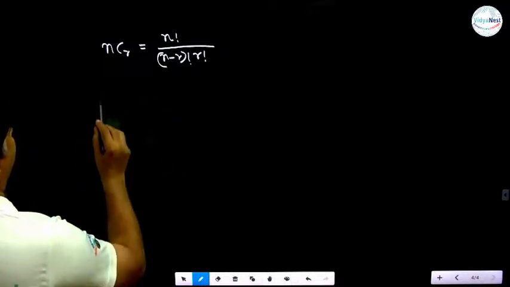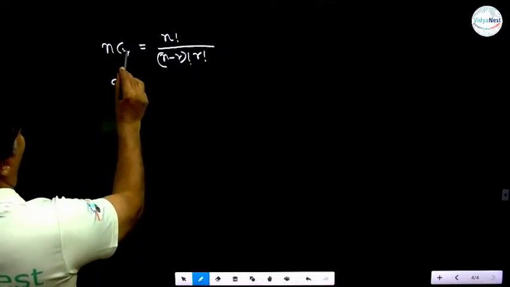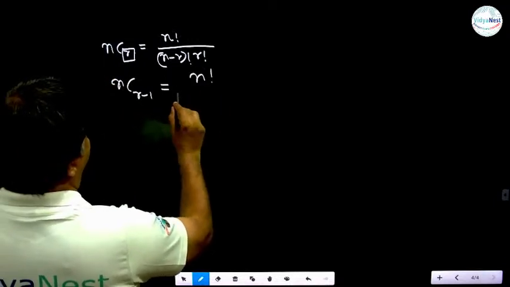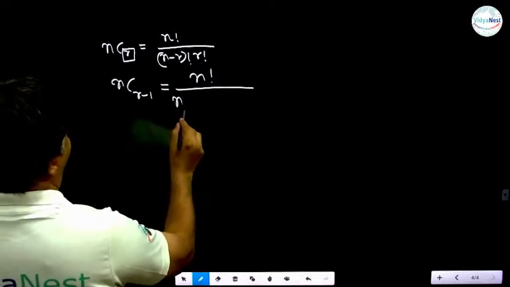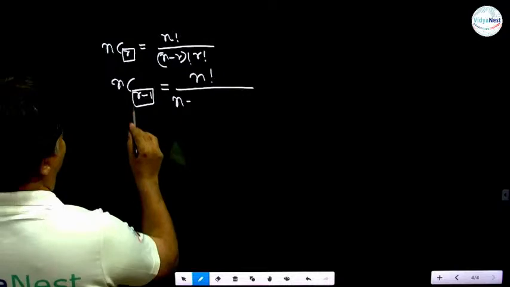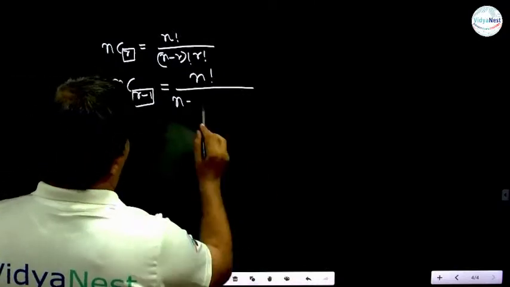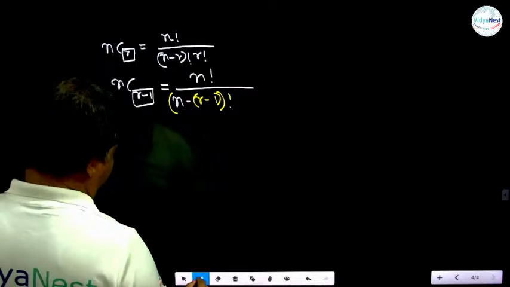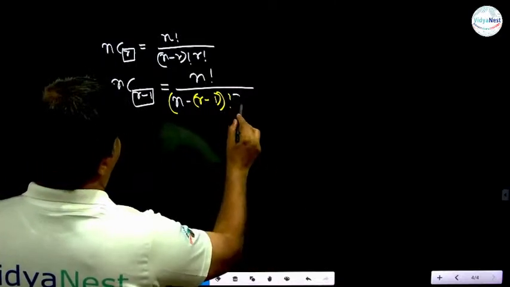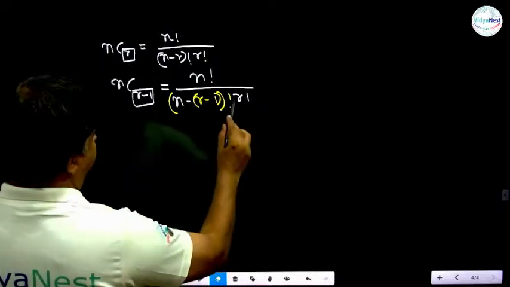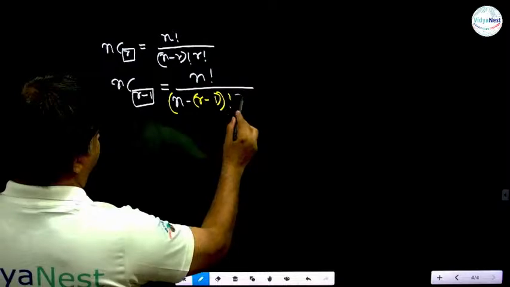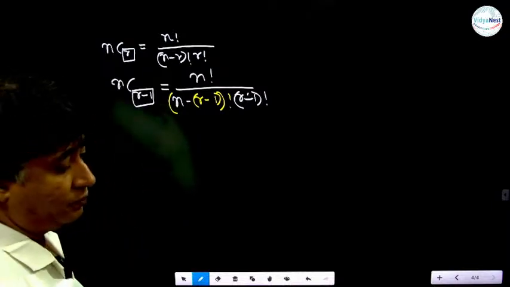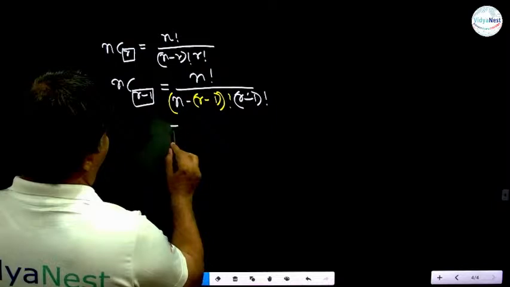Now in place of r, if I write r minus 1, r is replaced by r minus 1, so all r is replaced by r minus 1. Now you remove the internal brackets.